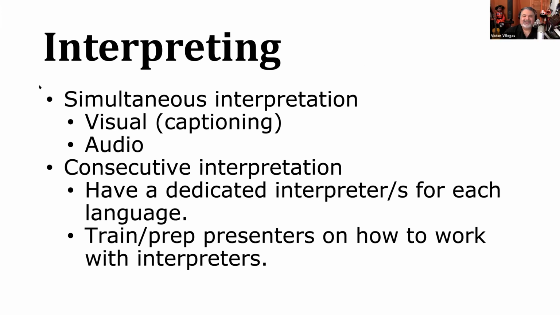Okay, thank you. So, for example, yes, you could have one person be the English and Spanish translator at the same time. It's a lot of work. It's tough, even under the best of conditions. And so my recommendations, if you're able to afford it, or if you have some volunteers, is to have a dedicated interpreter for each language. So let's say you're doing consecutive, going from English to Spanish.